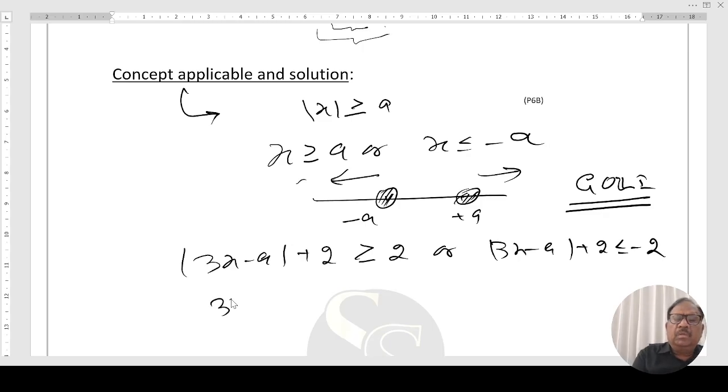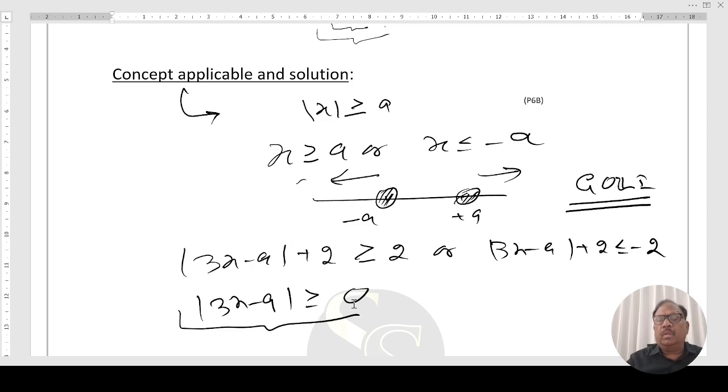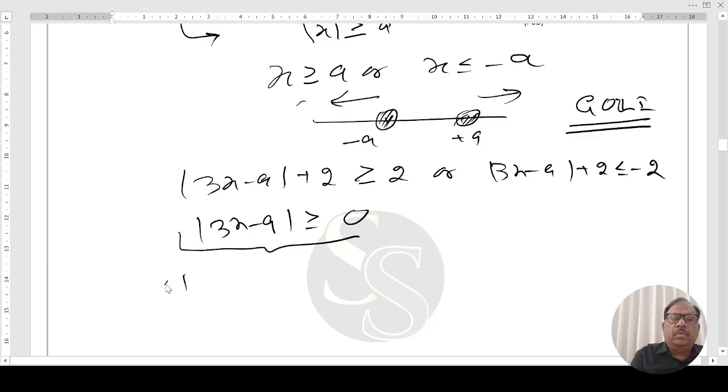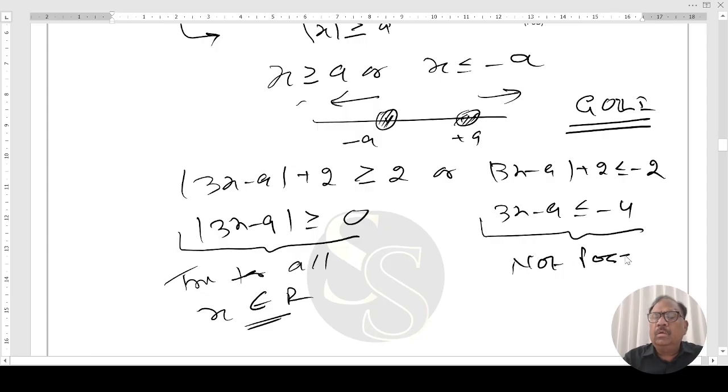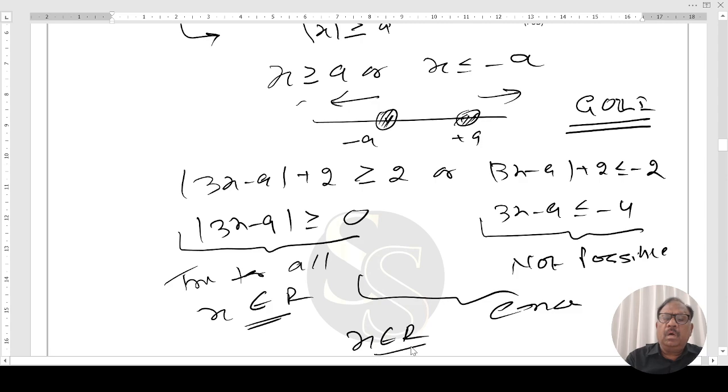If we solve this, mod of 3x minus 9 greater than or equal to 0 is true for all x belonging to R. Now the other case gives mod of 3x minus 9 less than or equal to minus 4, which is not possible. Conclusion: x belongs to R. That is the answer.